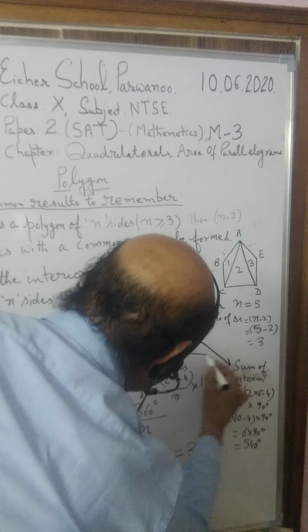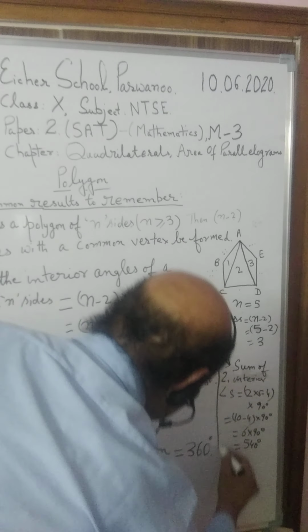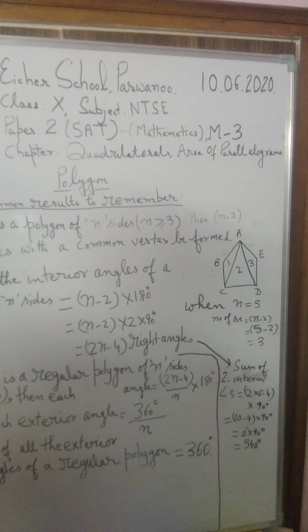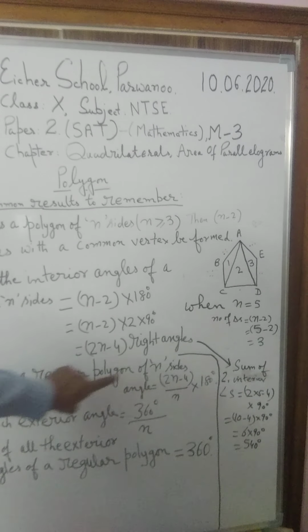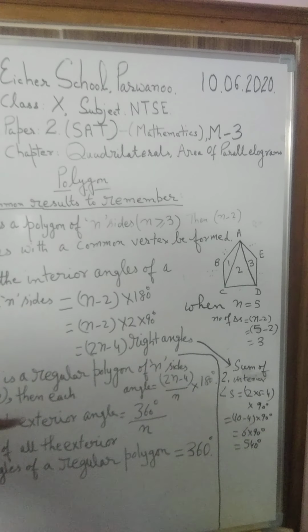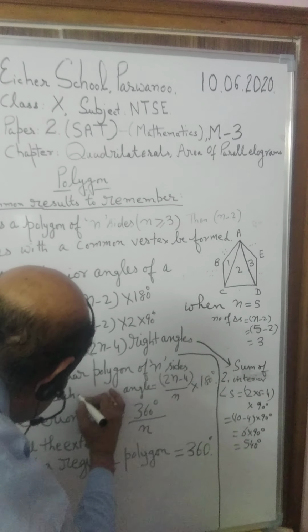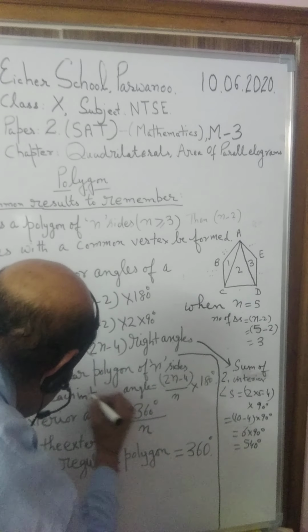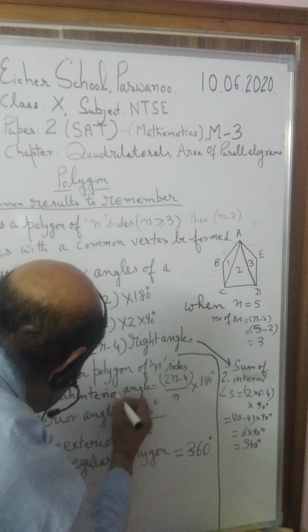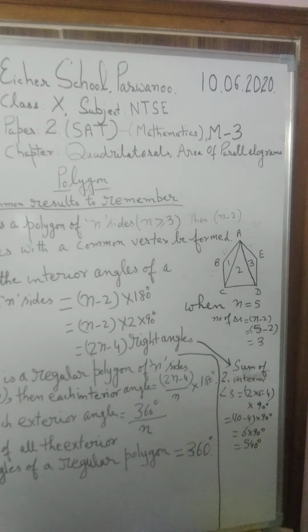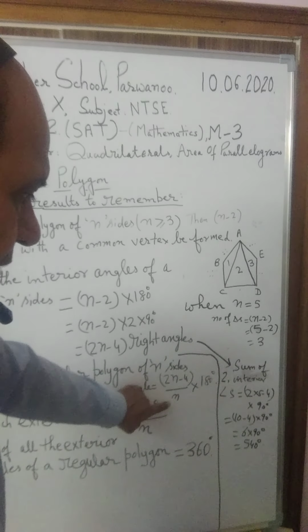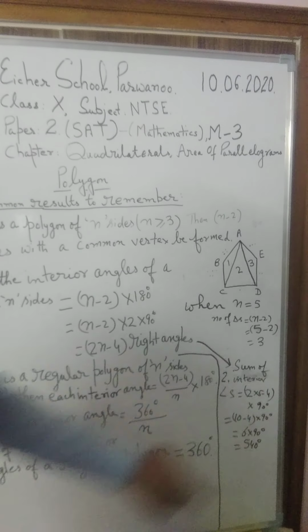Then the third property is: if there is a regular polygon of n sides, then each interior angle is equal to 2n minus 4 upon n multiplied by 90 degrees.